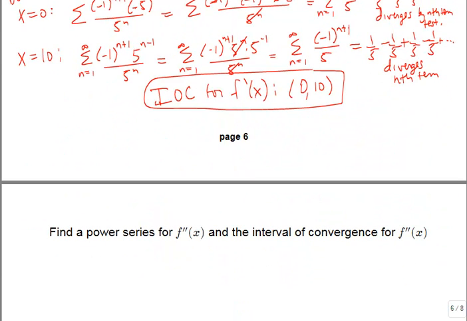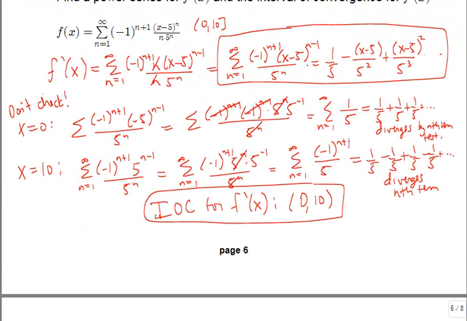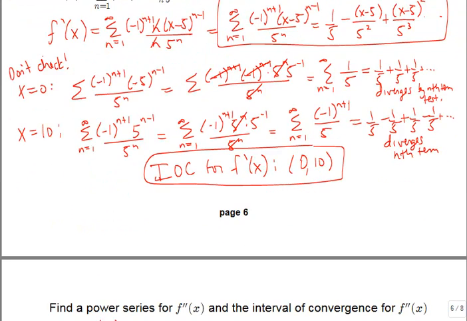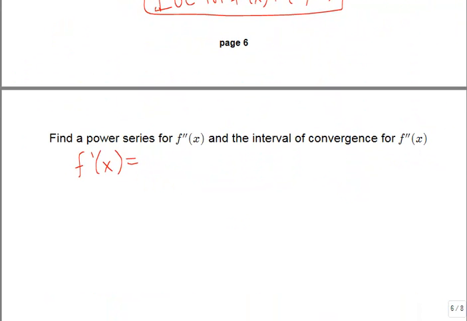All right, now we want to find the power series for f double prime of x and the interval of convergence for f double prime of x. So let me copy our first derivative power series, which was up here. So negative 1 to the n plus 1, and then we got x minus 5 to the n minus 1 over 5 to the n.